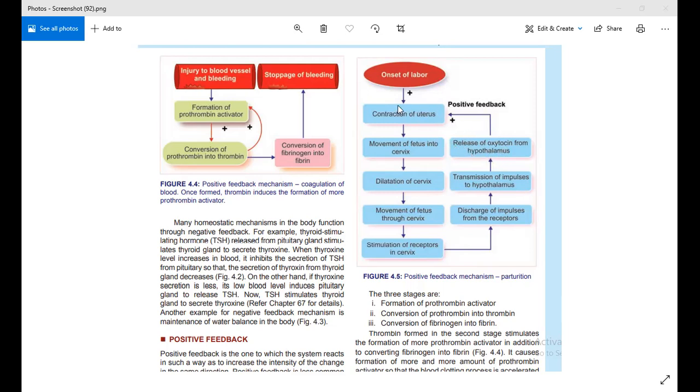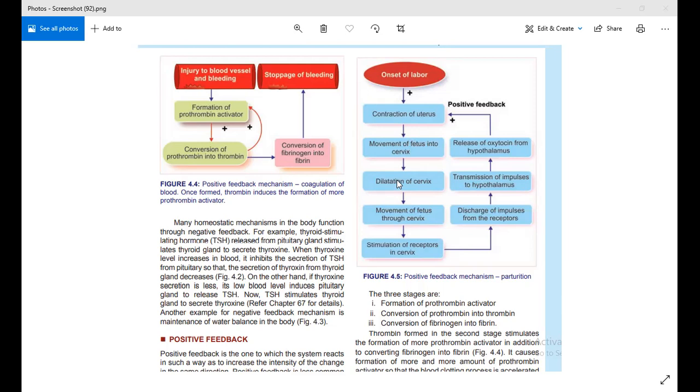Contraction of the uterus, movement of the fetus to the cervix, dilatation of the cervix, movement of the fetus through the cervix, stimulation of receptors. Receptors send impulses to the hypothalamus. The hypothalamus releases oxytocin. Oxytocin again stimulates the muscles of the uterus to contract again. So this whole process continues until the baby is born.